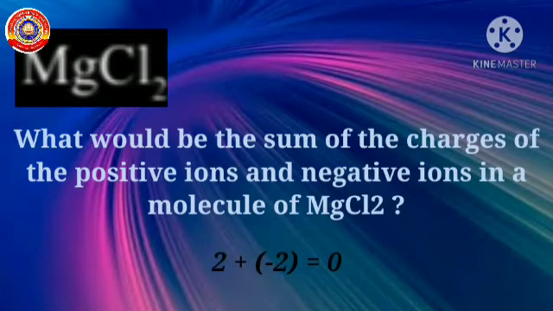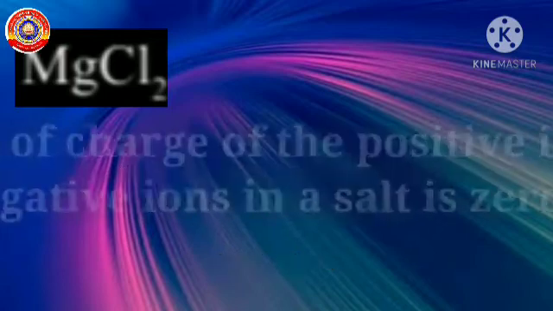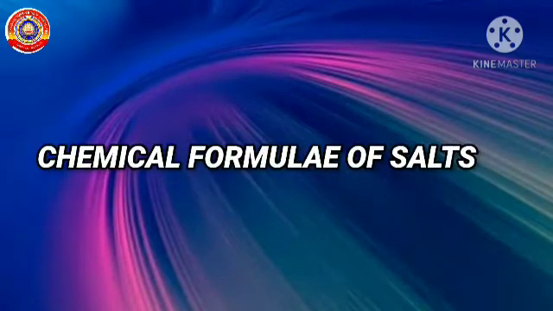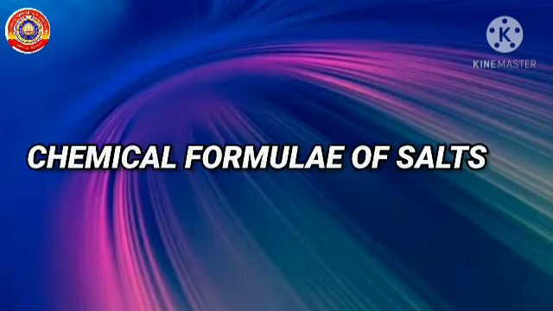From these examples, we saw that the sum of the charge of the positive ions and negative ions in a salt is 0. That is why salts are said to be electrically neutral. Got it? There are certain rules for writing the chemical formulae of salt. Let's see what they are.